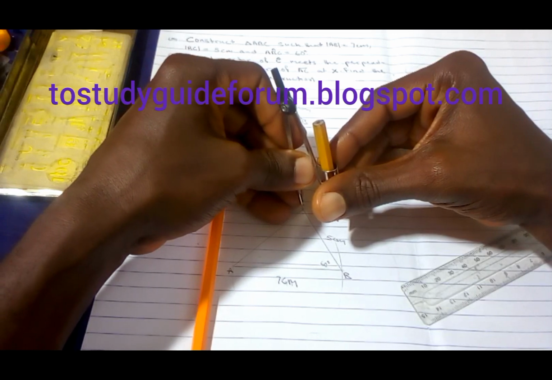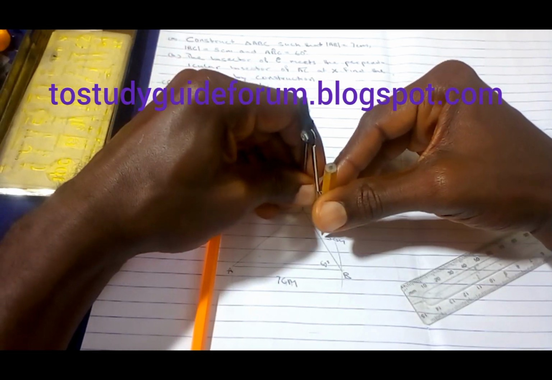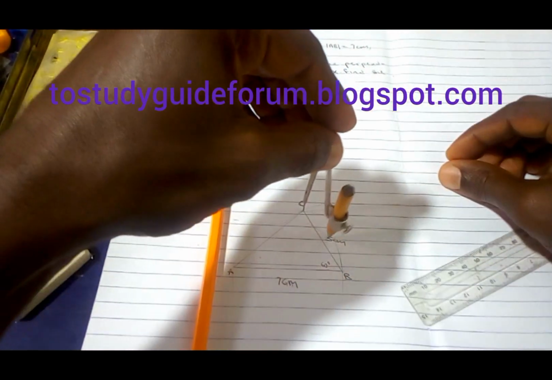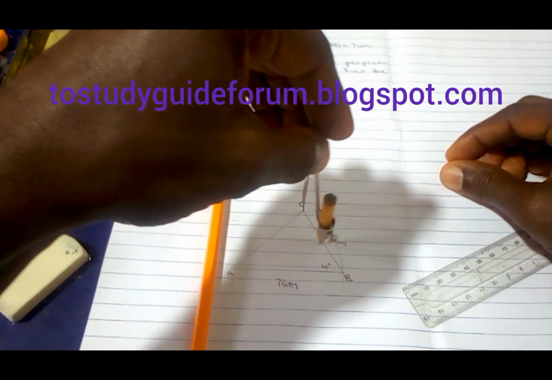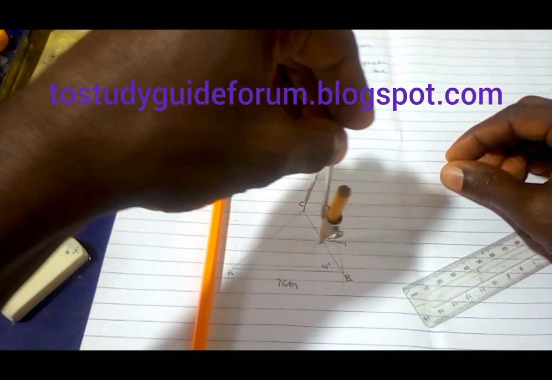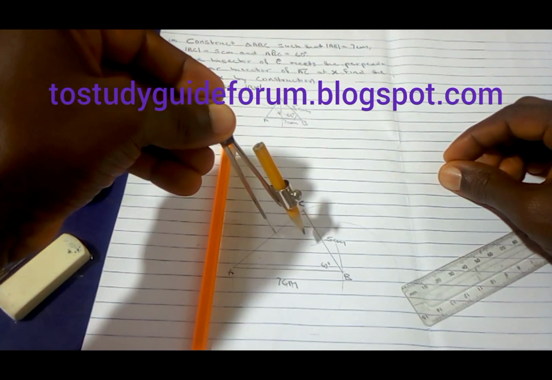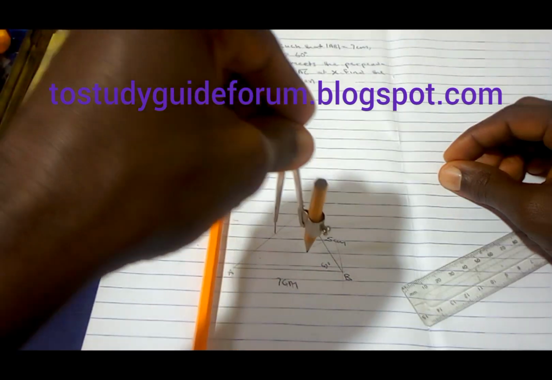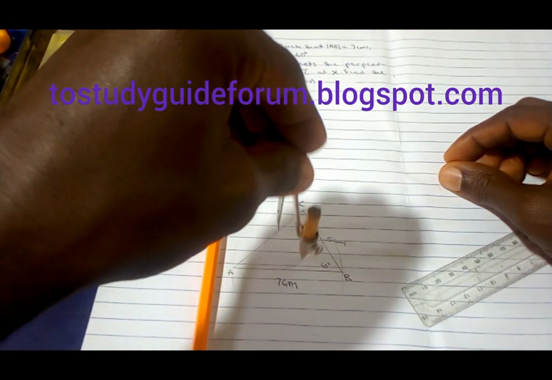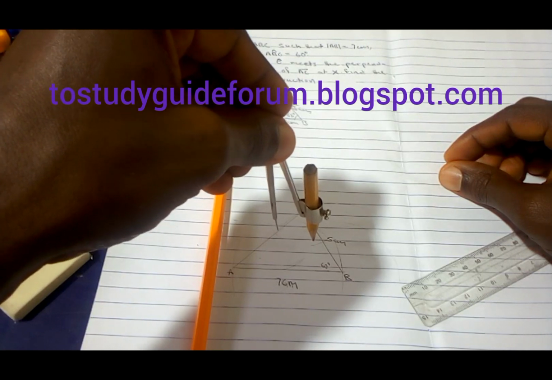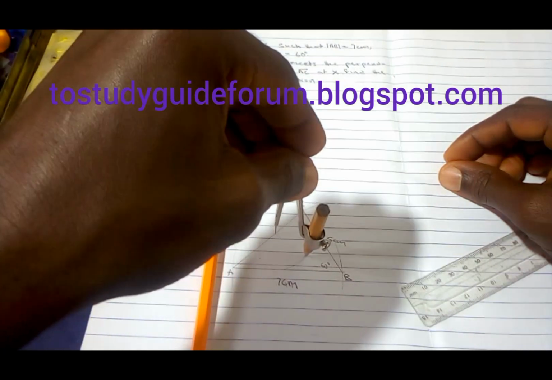Bisecting C, from this point, take a radius of our choice. Form an arc at the other end, the right side, another arc here. Then from the point of intersection of this arc, we'll make another arc. Let me repeat it.